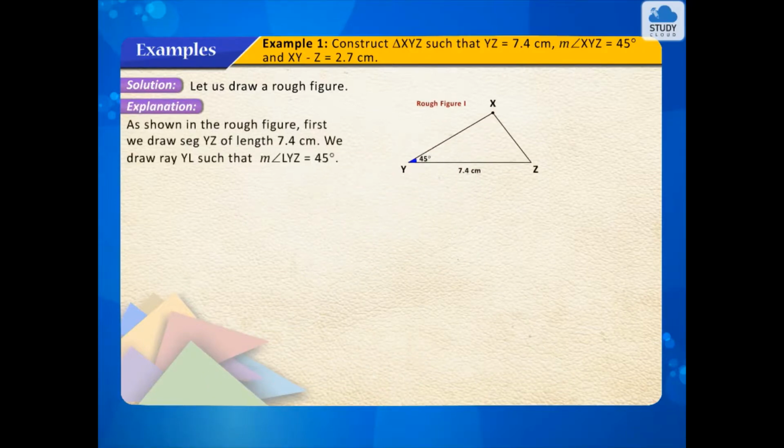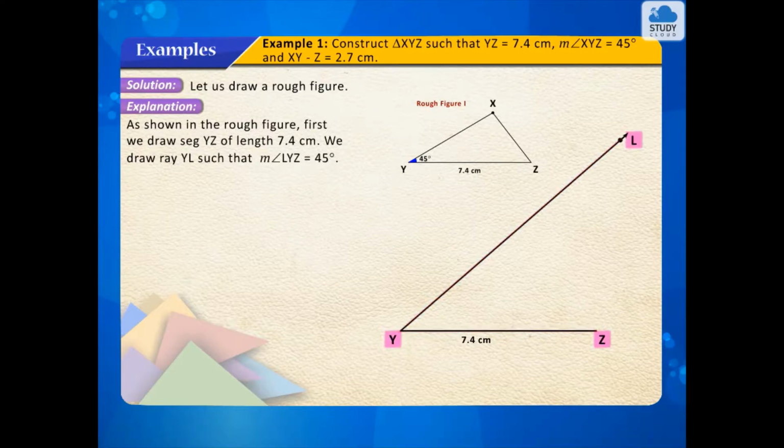Explanation. As shown in the rough figure, first we draw segment YZ of length 7.4 centimeters. We draw ray YL such that measure of angle LYZ is equal to 45 degrees. Now, take a point W on ray YL such that segment YW is equal to 2.7 centimeters.